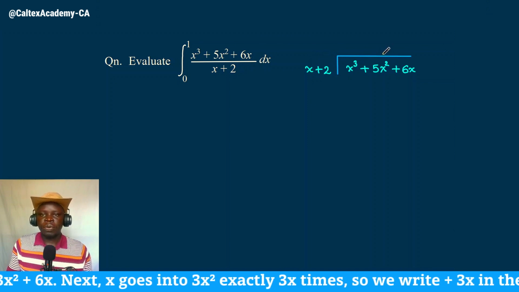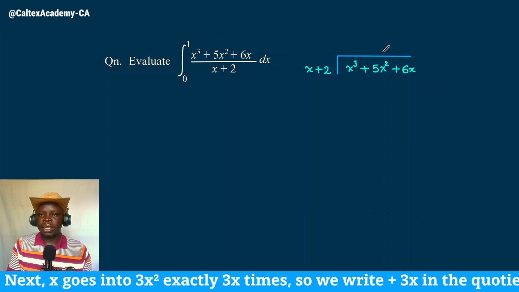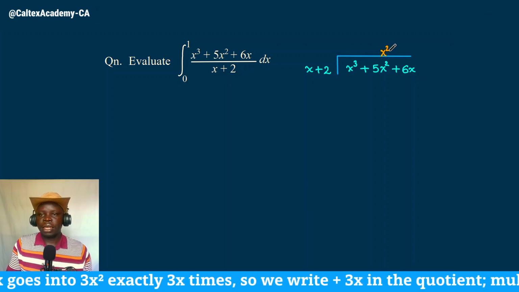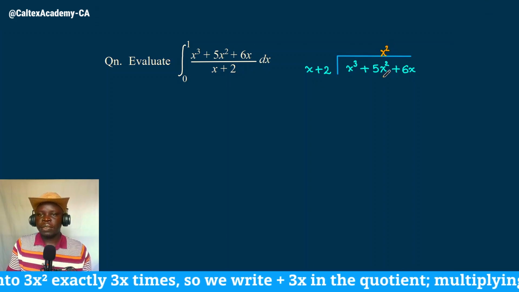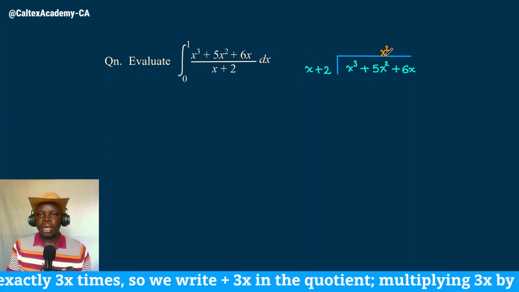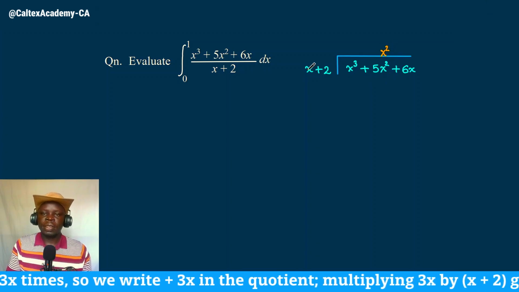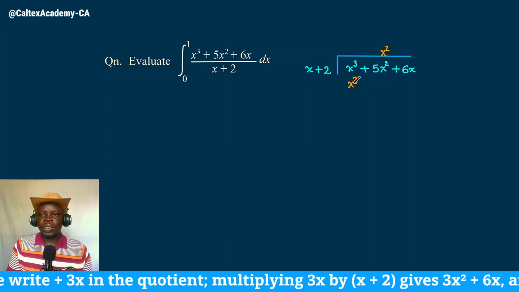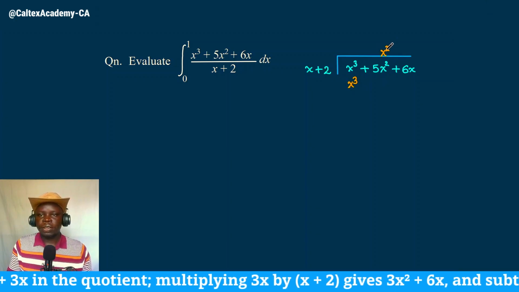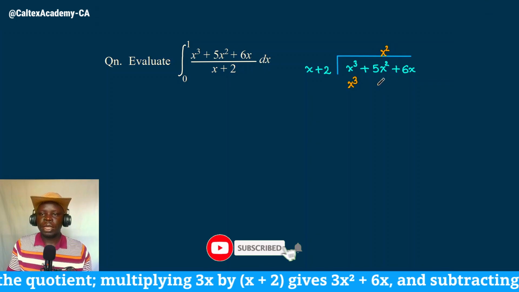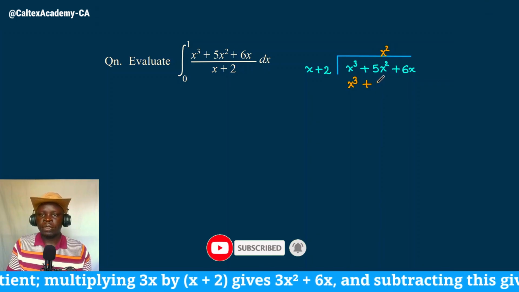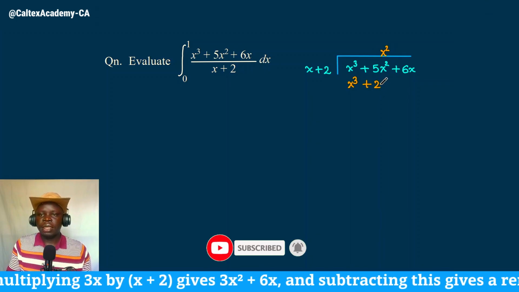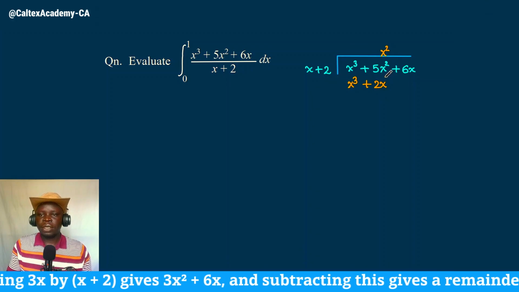So we bring it here and say we have x squared, placed so that they correspond. Now x squared times x, we get x cubed. And x squared times 2, we get 2x squared. So we place it here: this is 2x squared.